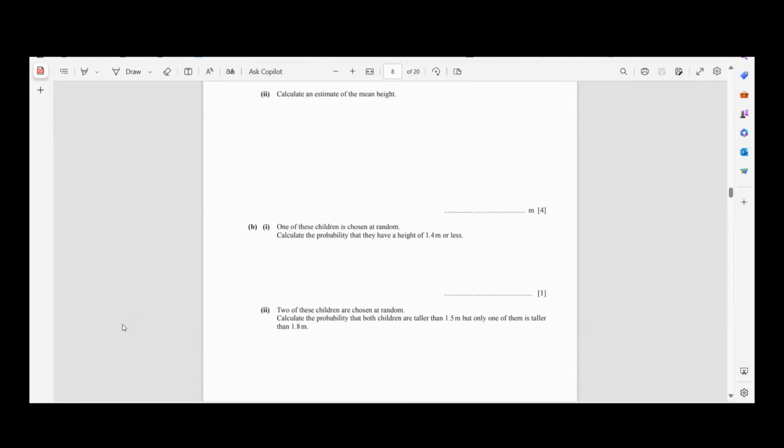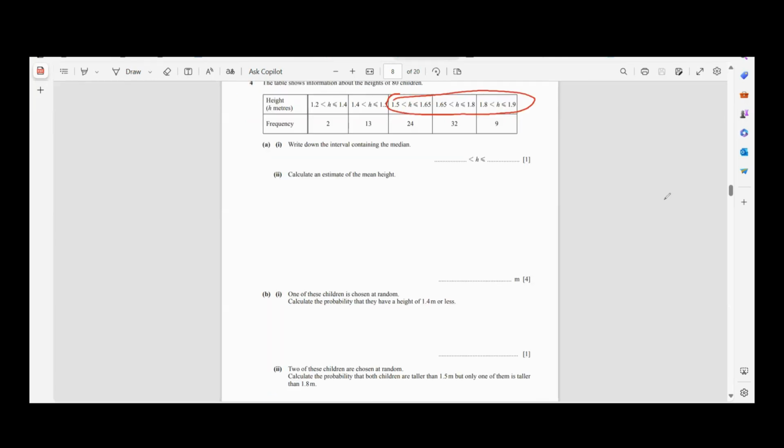And then for part II, 2 children are chosen at random. Calculate the probability that both children are taller than 1.5, but only one of them is taller than 1.8. So it should be 9 over 80 times, after we have already chosen one, the other one should be from the rest.